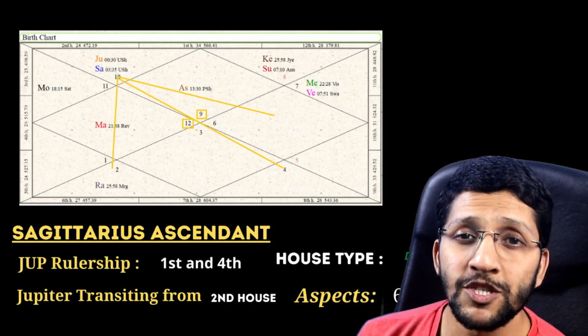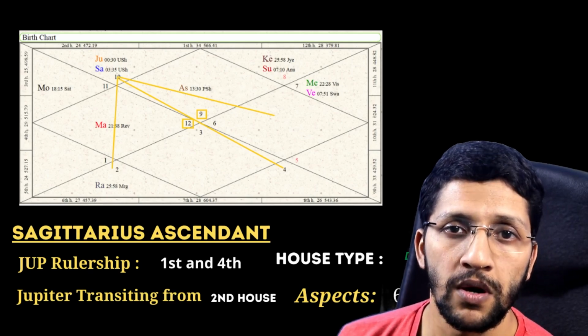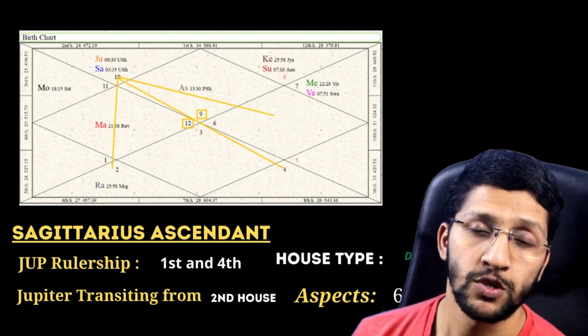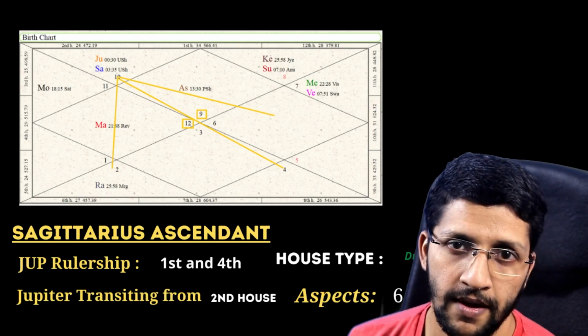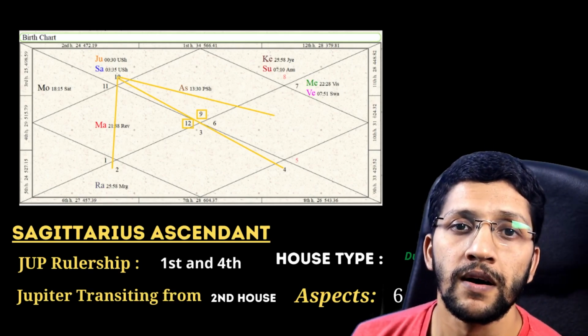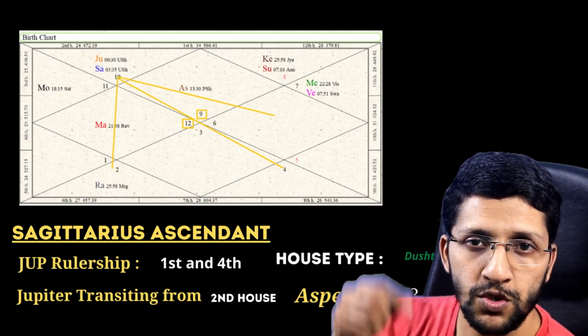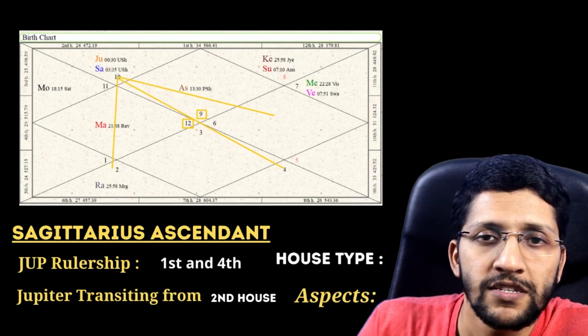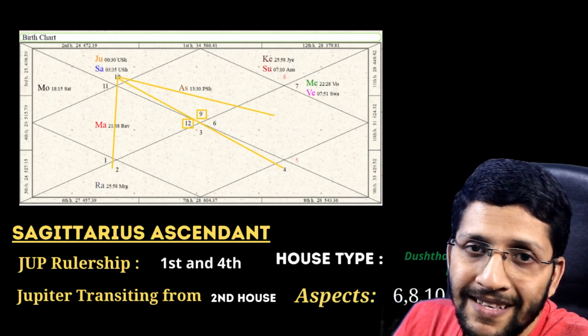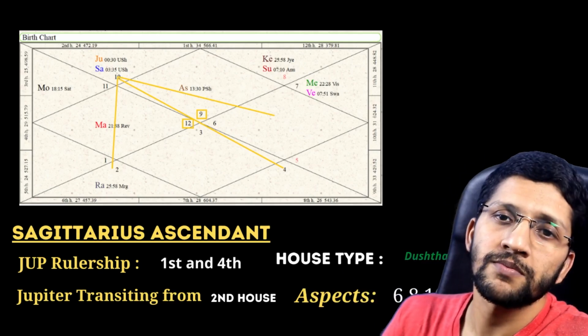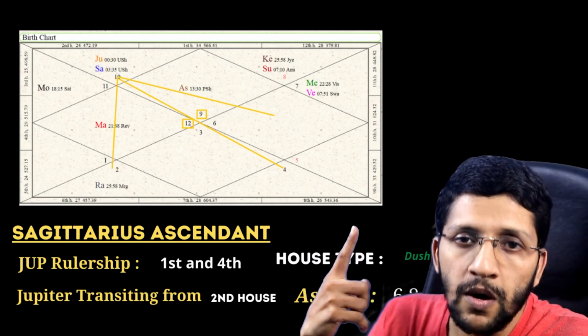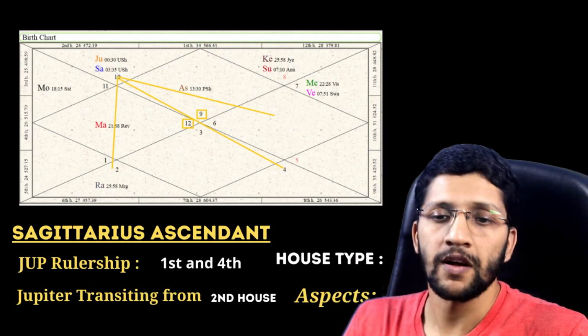You will be inspired to work, to earn more, to serve more. So 2, 6, and 10. Next, Jupiter is also aspecting the 10th house, and you will experience the expansion into the work area as well.